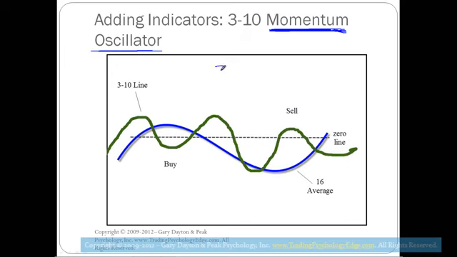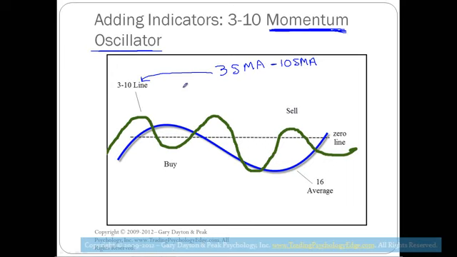Just a quick construction of this. It's a 3-period simple moving average minus a 10-period simple moving average. That's known as the 310 line.